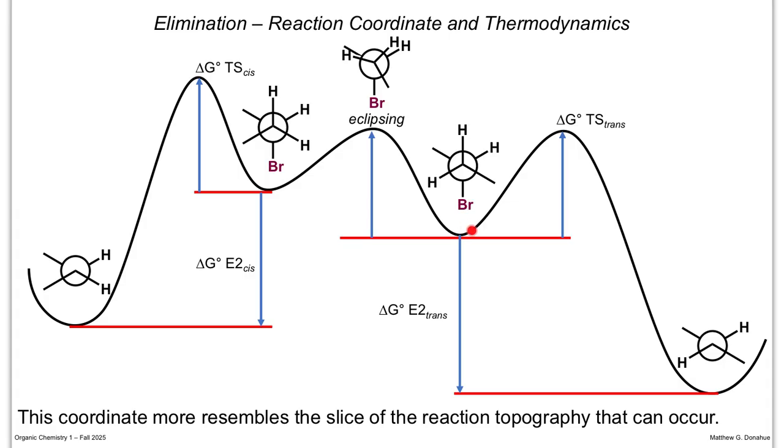So we would expect this one to be more populated. And then it's going to go through a transition state and lead to the trans product. If there's enough energy, we can get to this one. It has its own transition state, and it's going to lead to the other product. So we can evaluate from the ground or reactive state, and then also the products themselves.